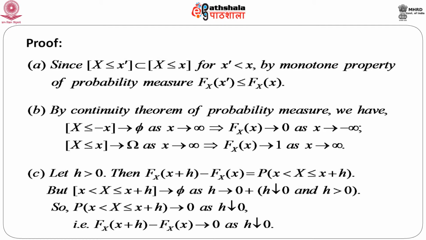Hence, capital F of x plus h minus capital F of small x goes to 0 as h goes to 0, which in turn says that capital F of x plus h goes to capital F of x as h goes to 0 from the positive side. So, this concludes the proof of all the properties that a distribution function must satisfy.